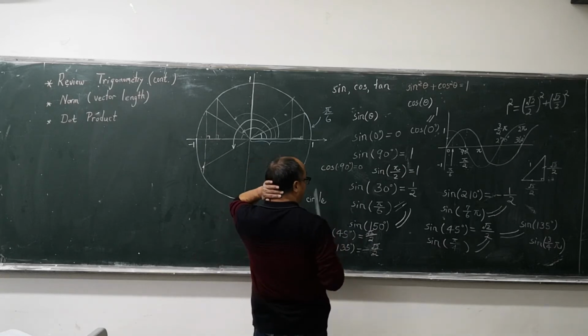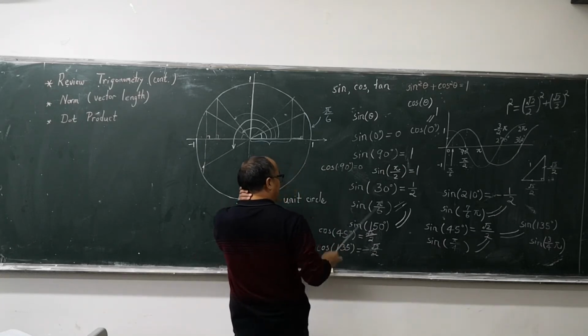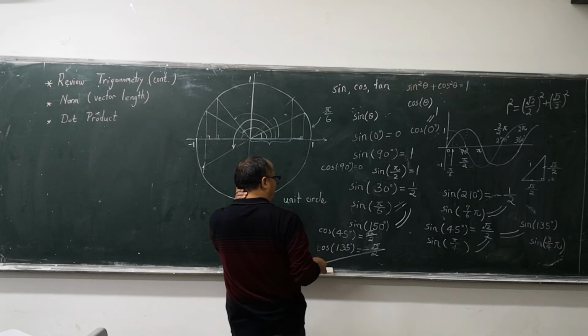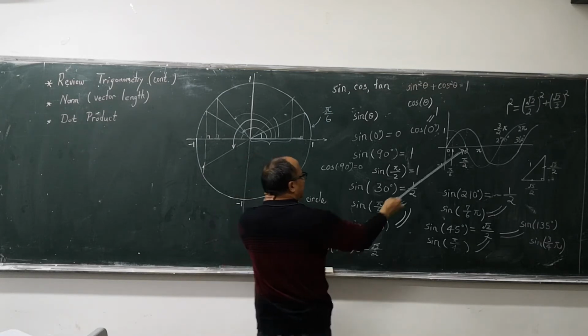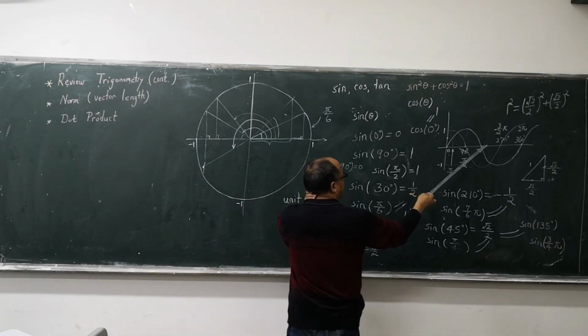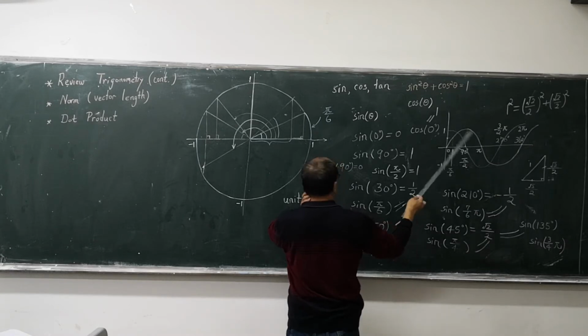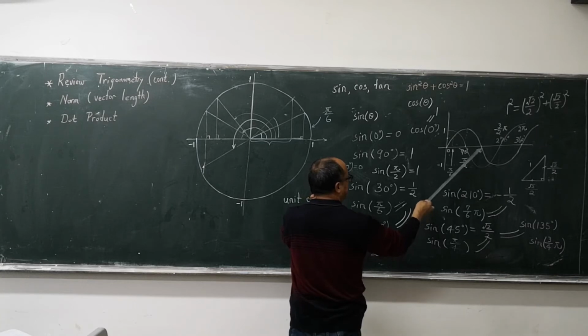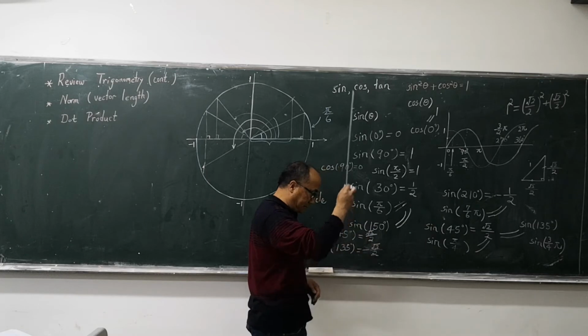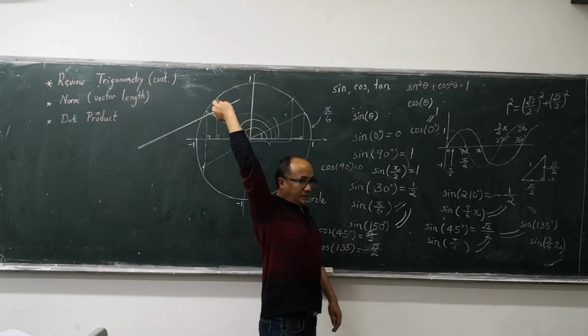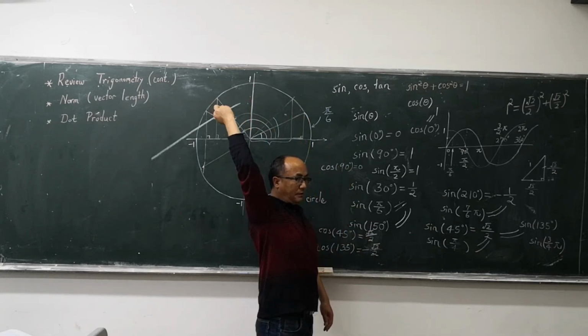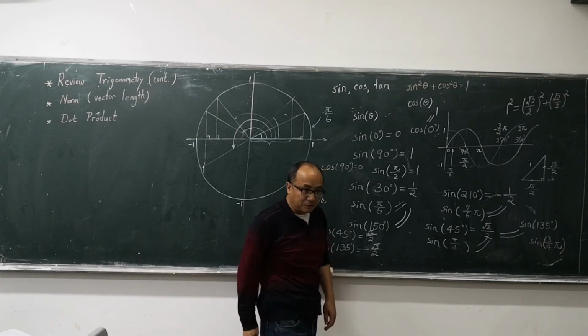Sine 180 degrees is not on the board. It's over here. Sine 180 degrees is 0, but cosine is -1. Are you following? From over there to my foot.